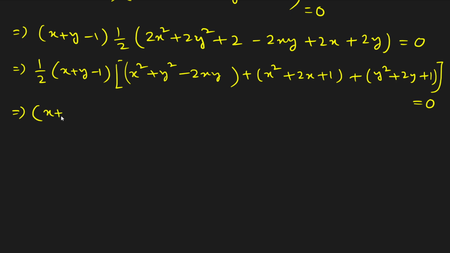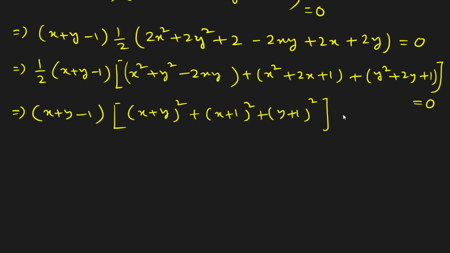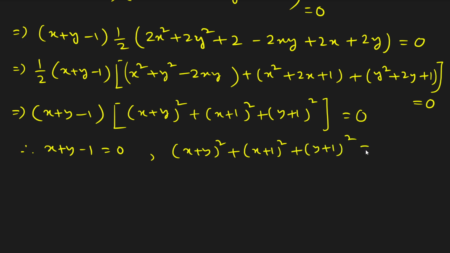So what we have? We have x plus y minus 1, and then the remaining term we can write like this: x minus y whole square, x plus 1 whole square, y plus 1 whole square is equal to how much? 0. Now if you compare both sides, one term we get is x plus y minus 1 equal to 0, and another one is x minus y whole square, x plus 1 whole square, and then y plus 1 whole square equals 0.